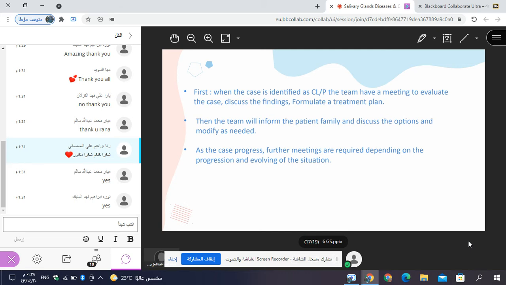First, when the case is identified clinically and physically by the team, they have a meeting to evaluate the case, discuss the findings and formulate a treatment. Then the team informs the patient's family and discusses the options, and the plan may be modified as needed. As the case progresses, meetings are held depending on the progression.